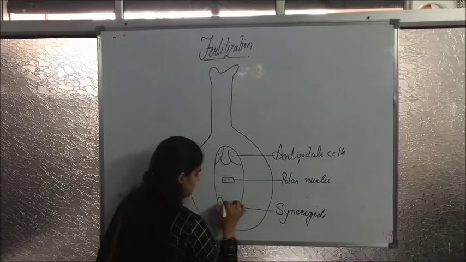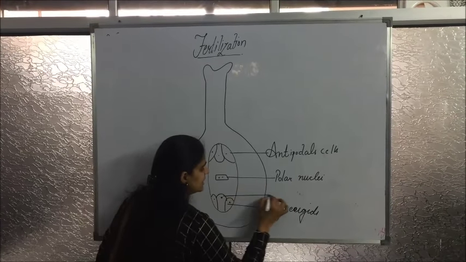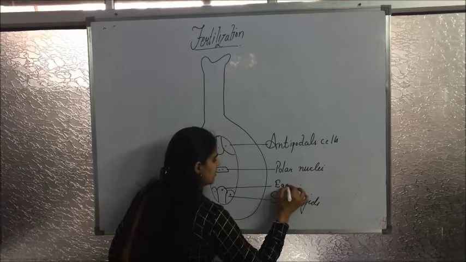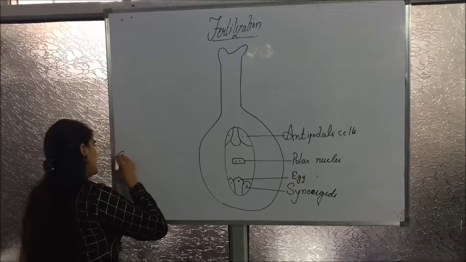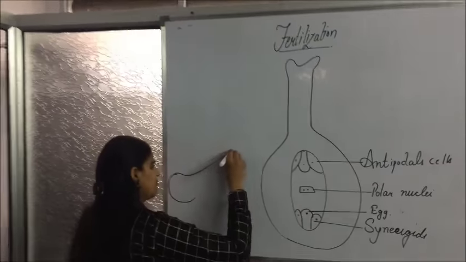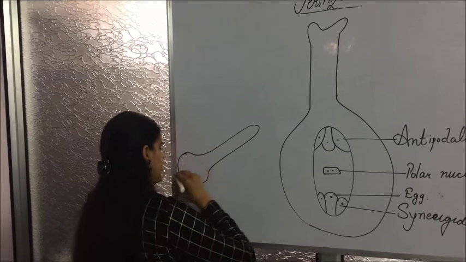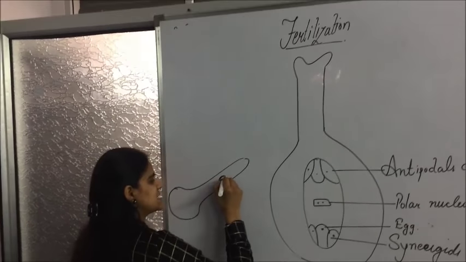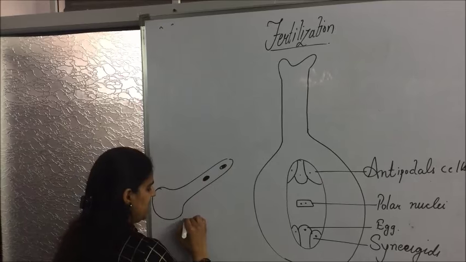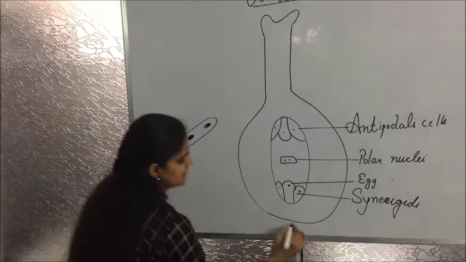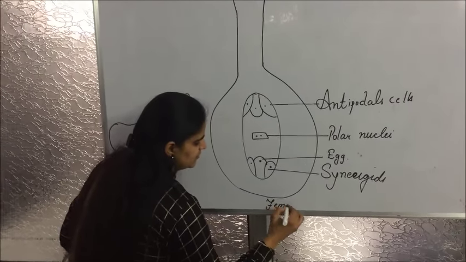And the front and center one is called the egg. Now you also remember the male gametophyte, which we know from how microsporogenesis takes place. This is the male gametophyte and this is the female gametophyte.